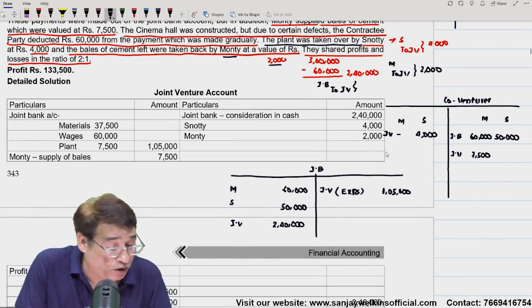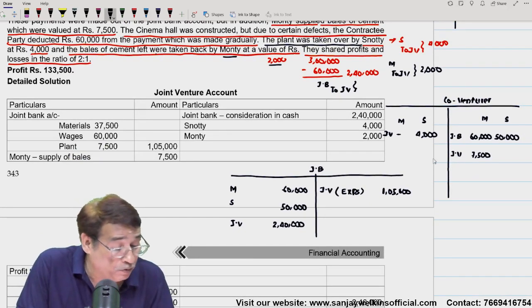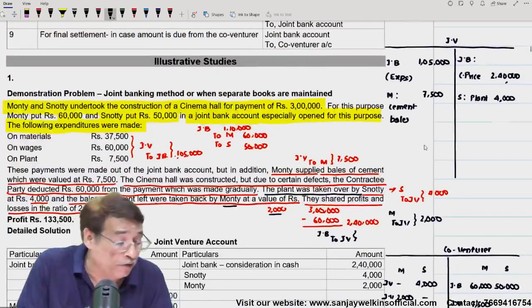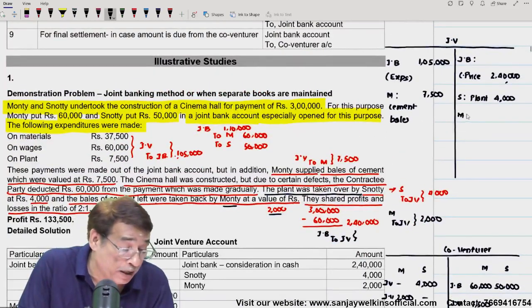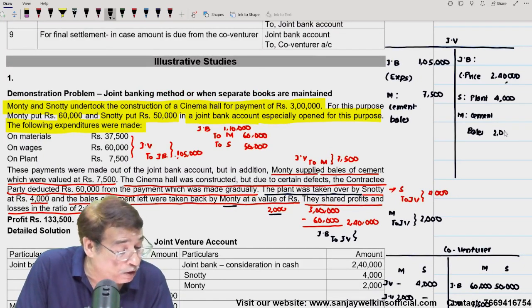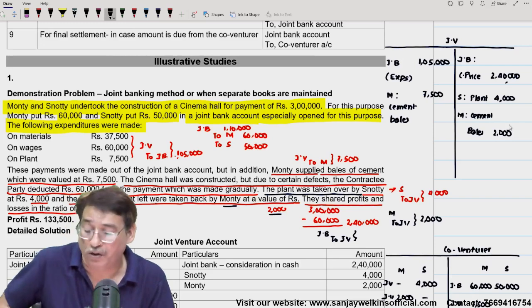So we are going to write towards the debit side of Monty to joint venture 2,000, and in the joint venture account, I am going to write by Monty, that is cement bales. Cement bales are worth rupees 2,000. This is how I am going to pass the entry. Is it clear to you or not?